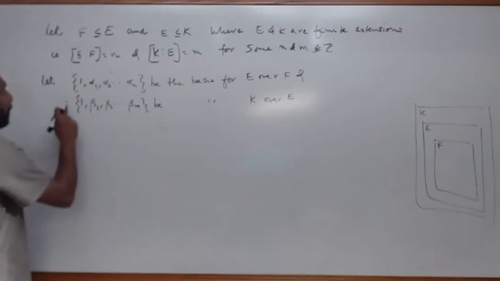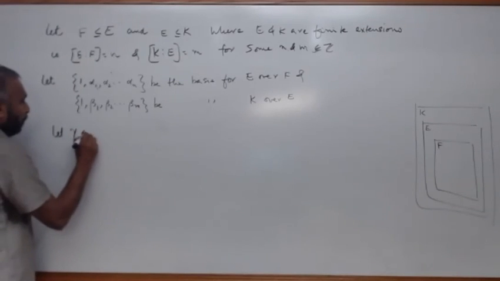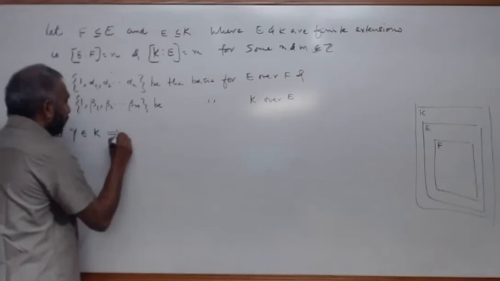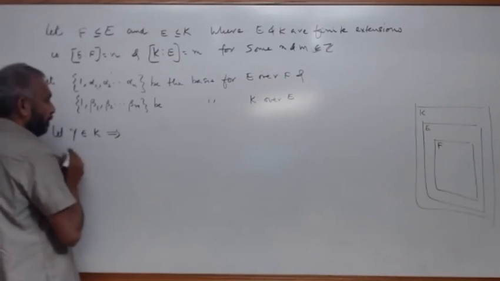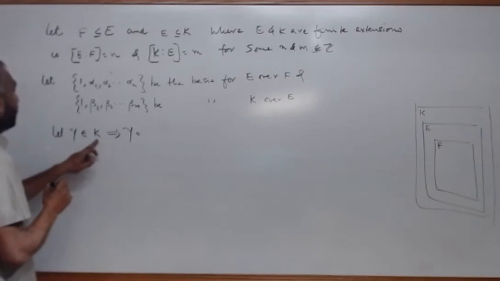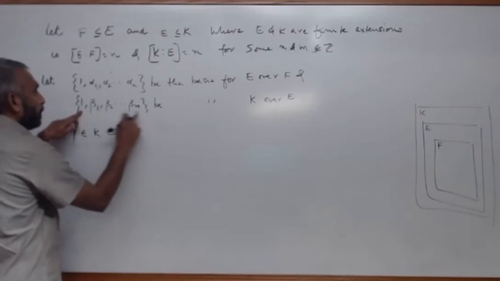Now let us take an element from K. Let gamma belong to K. This implies gamma is in K, that means it can be expressed as elements from here.